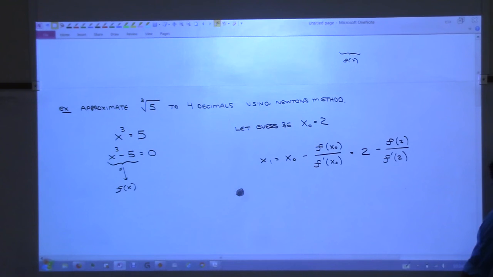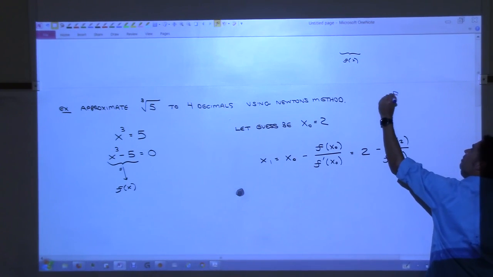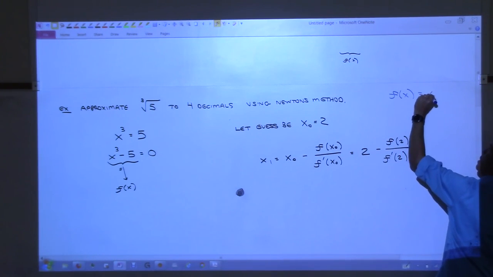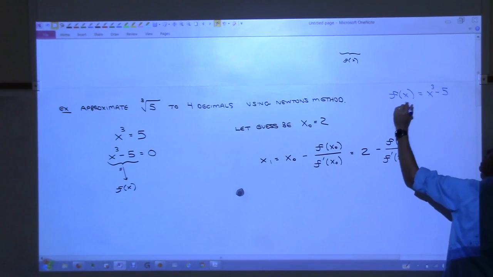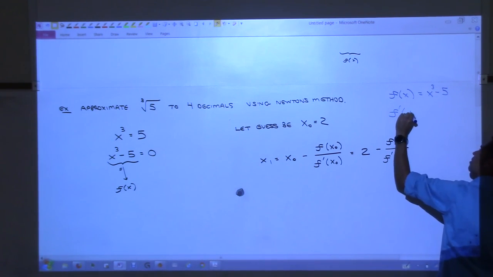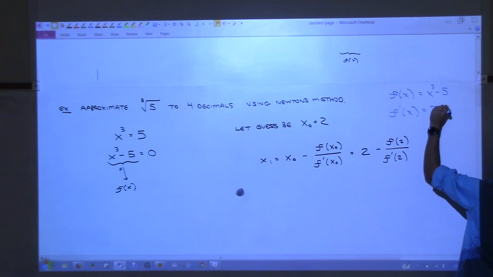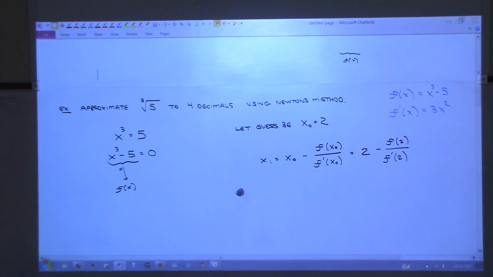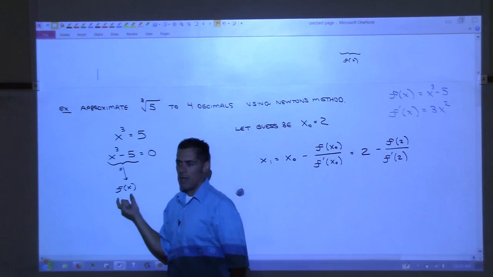And as a reminder, what is the f function we're dealing with here? x cubed minus 5. And what is the derivative of this? Because we need it. 3x squared. Right? We are calling the left side of this equation f.